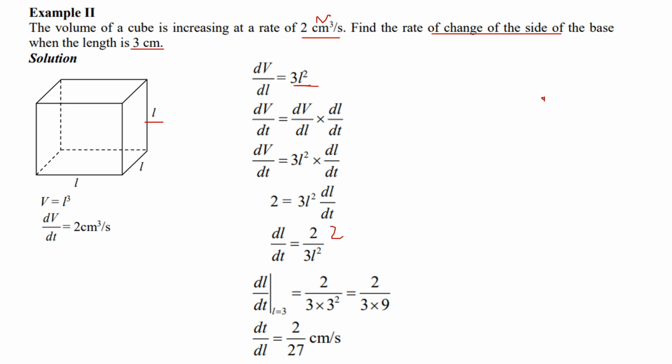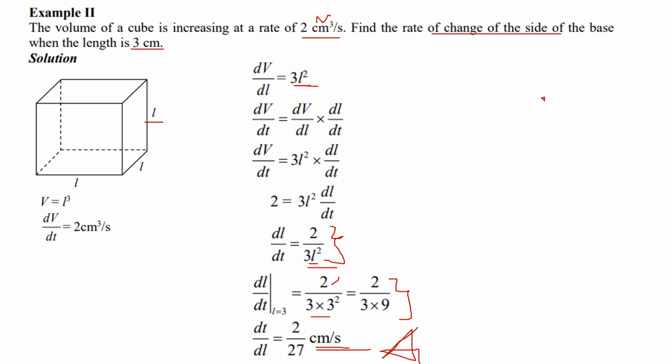So you come into this expression of dL/dt and you substitute for length as 3. So this is going to be 2 divided by 3 times 3 squared, which is 2 divided by 3 times 9, and you end up with your final answer of 2 divided by 27. But the SI units must be there for you to get the actual mark.